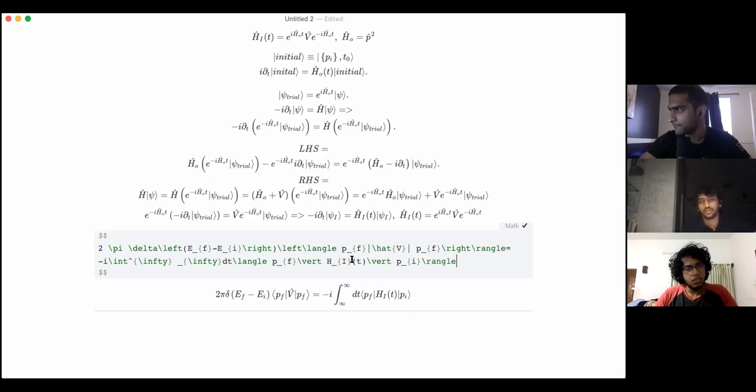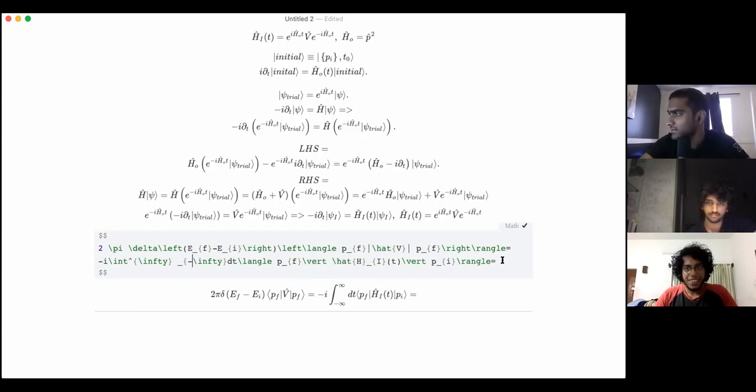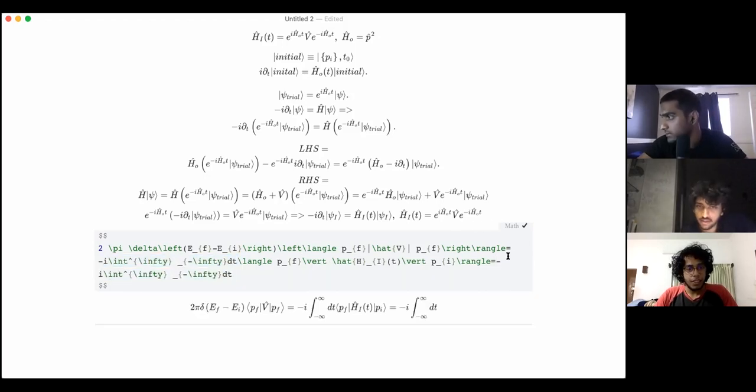Is it plus infinity to plus infinity? Sorry, not plus, minus. Okay, that wouldn't make any sense. Well, this is already progress because we know the form.